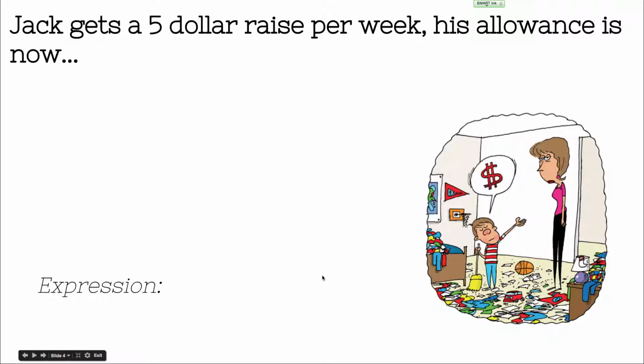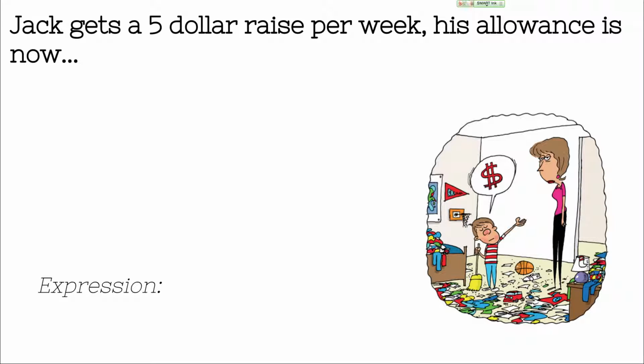Okay, we're going to go through an example quick before we share the steps for solving and generating an expression. We thought it would be helpful for you to see an example first. So in this number story, it says, Jack gets a $5 raise per week. His allowance is now.